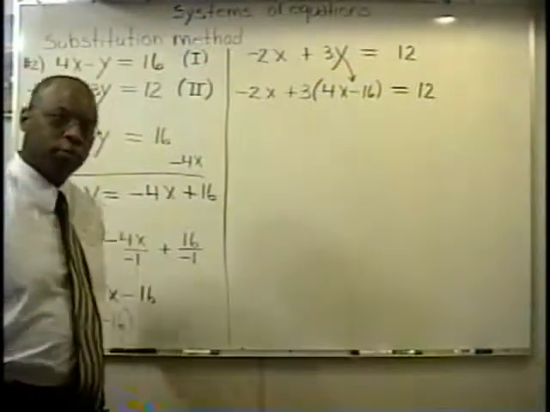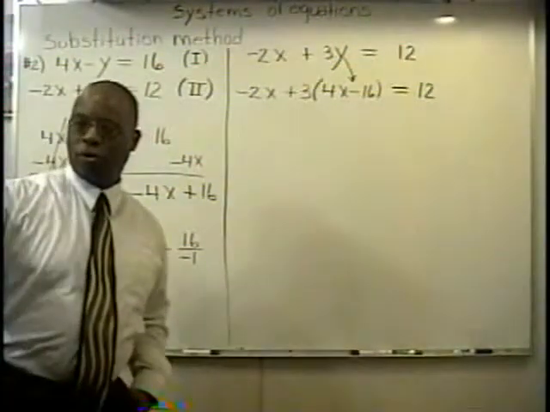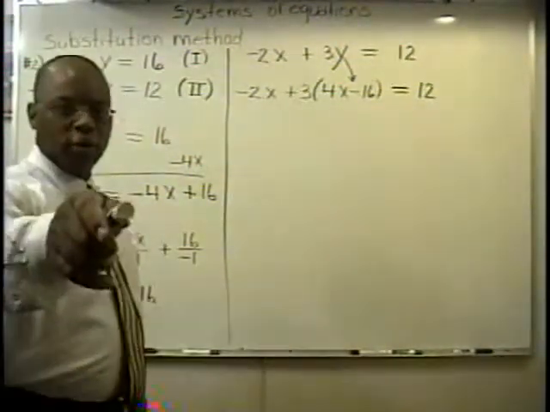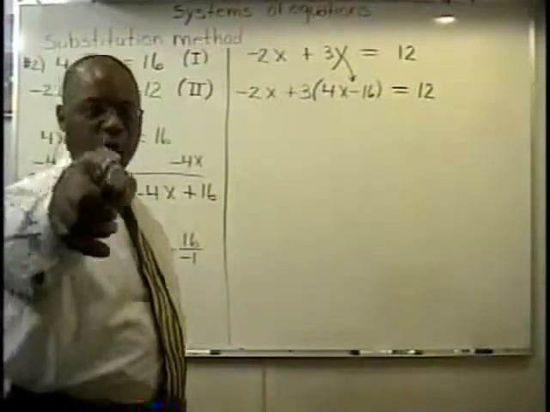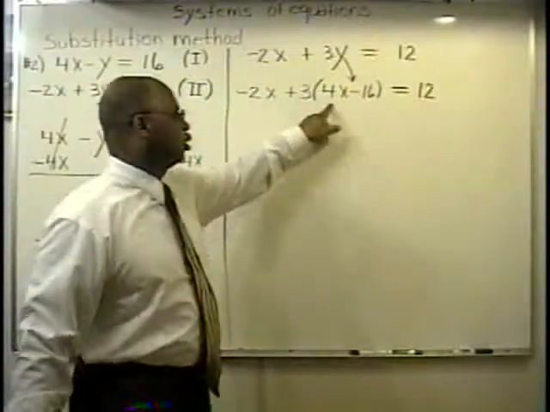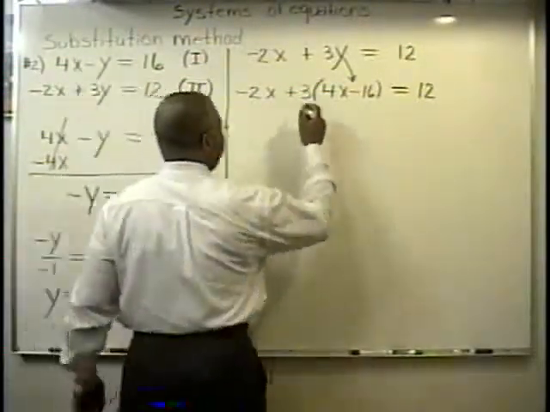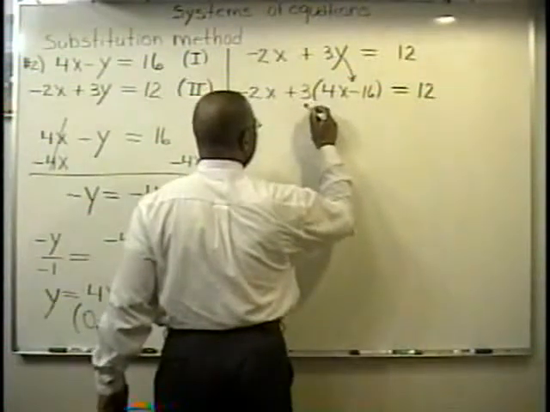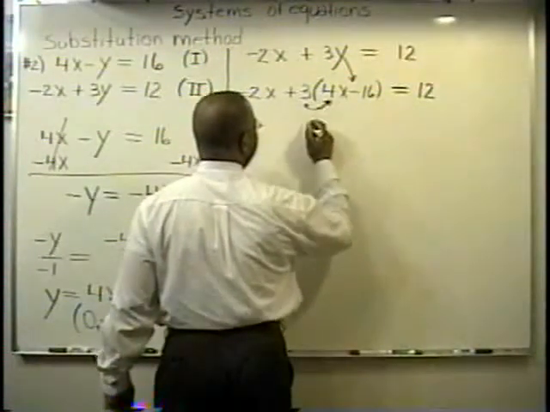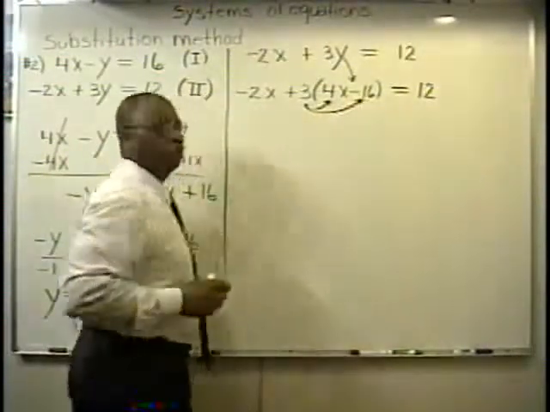Alan. Use what property? Joe? Right. They said the distributive property. Do you agree with that? Yes, first of all, we're going to multiply this expression by 3 using the distributive property. So I'm going to take that 3 and multiply it times the 4x, and multiply it times that negative 16.